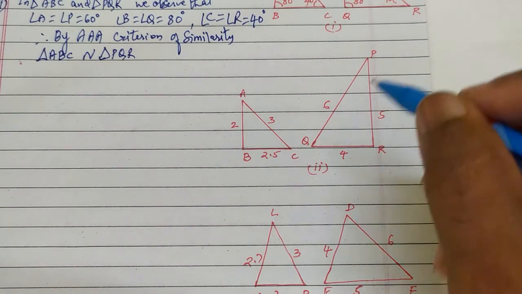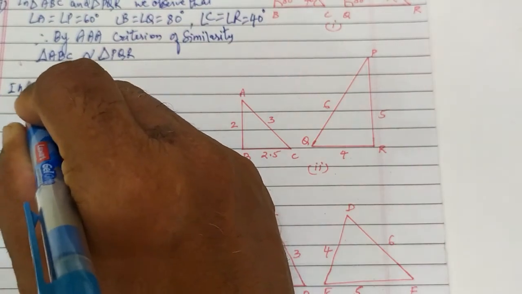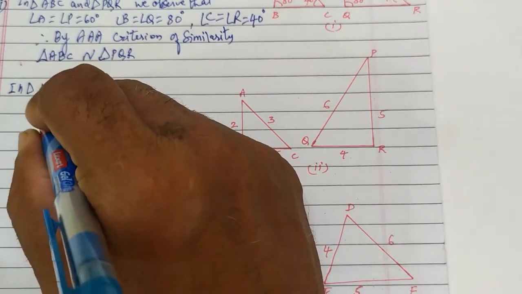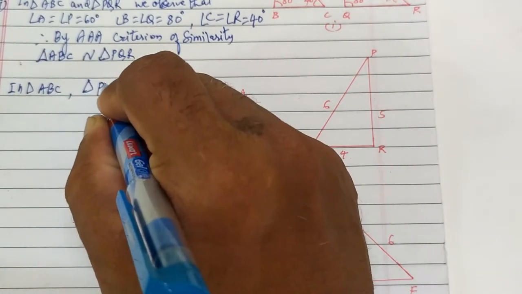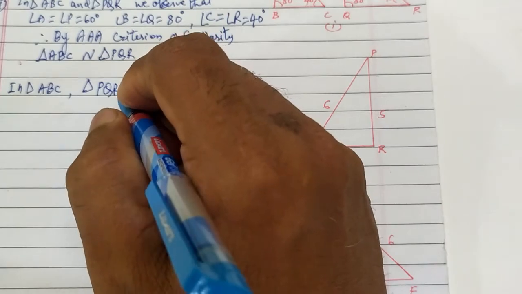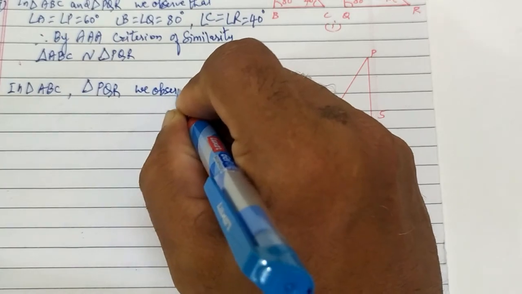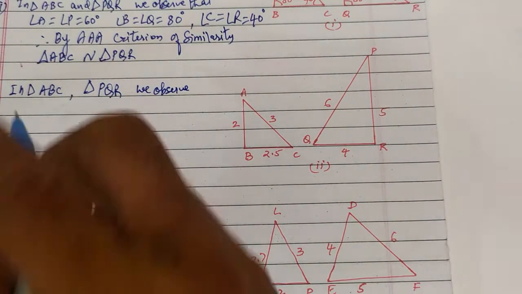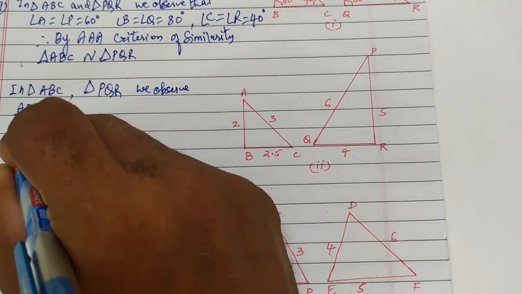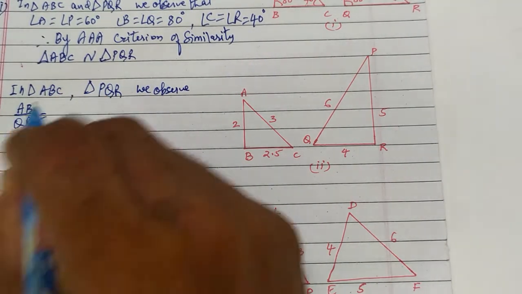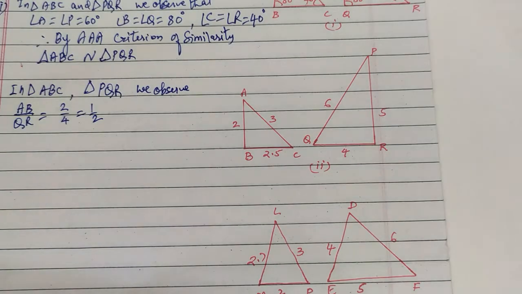So we have to find out the ratio in triangle ABC and triangle PQR. We observe AB upon QR is 2 upon 4, that is 1 upon 2.